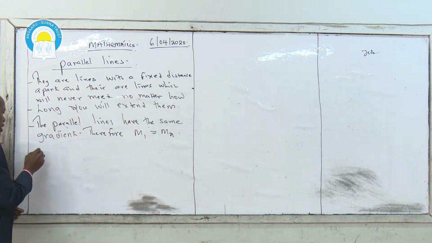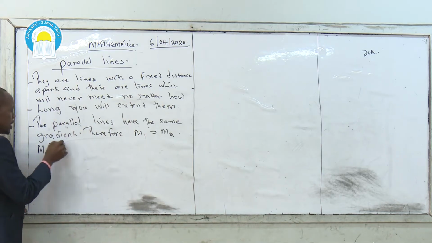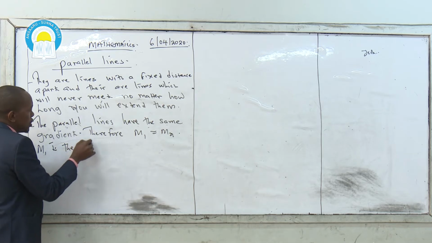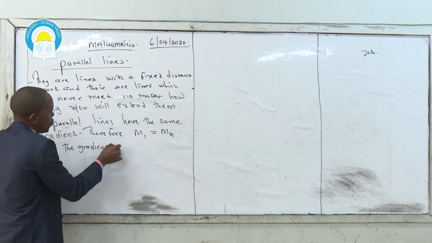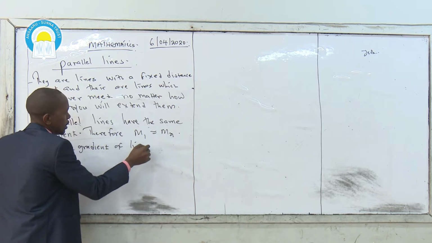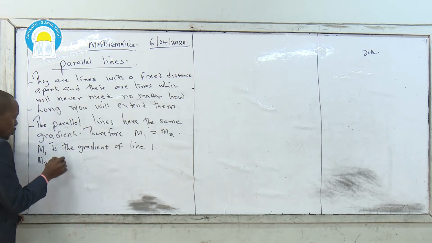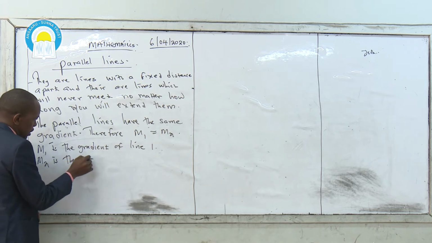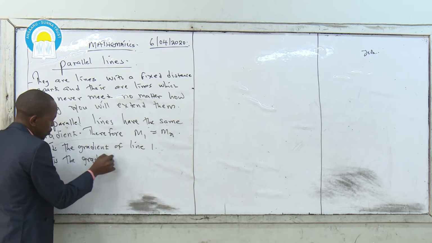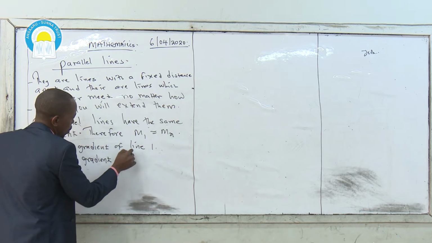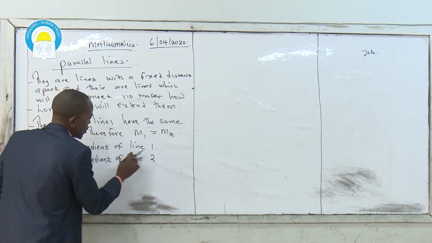M1, of course, we said, is the gradient of line 1, and M2 is also the gradient, you need to know this as a student, of line 2.